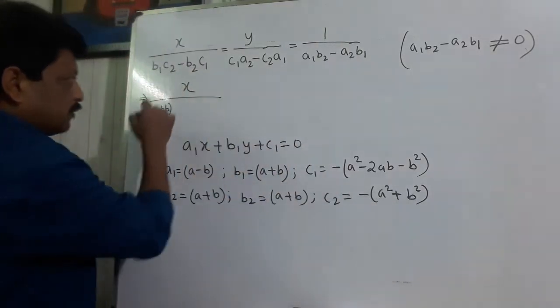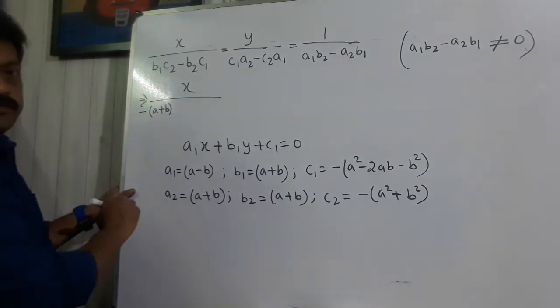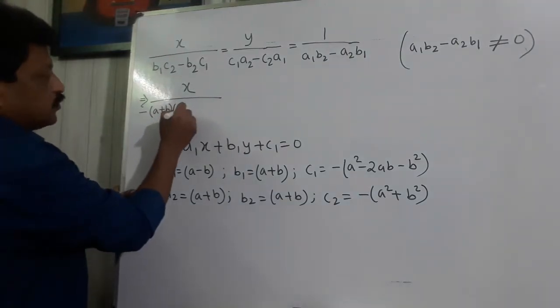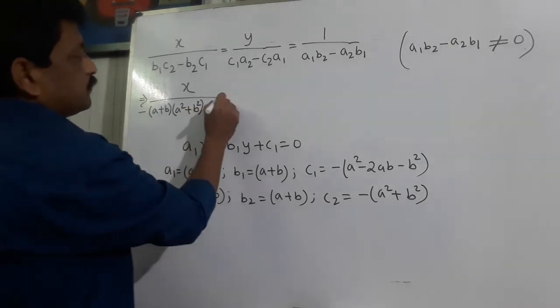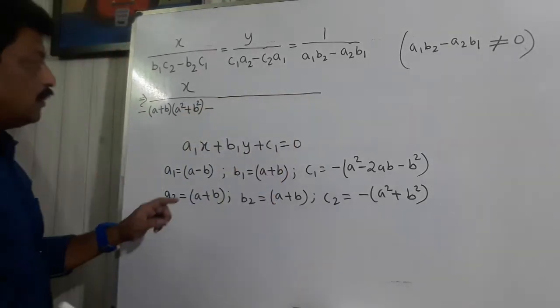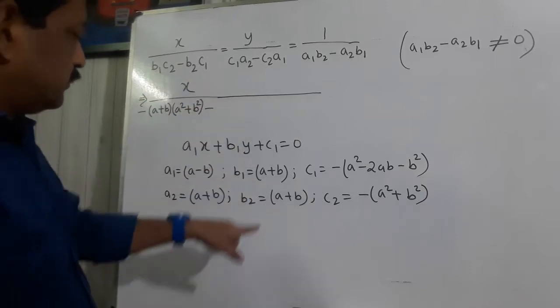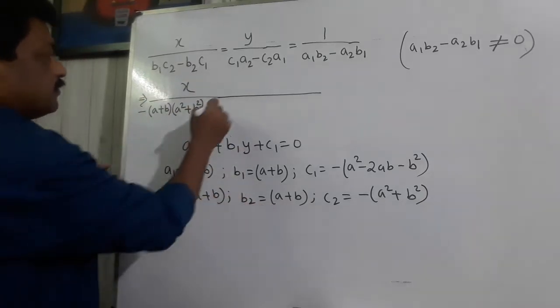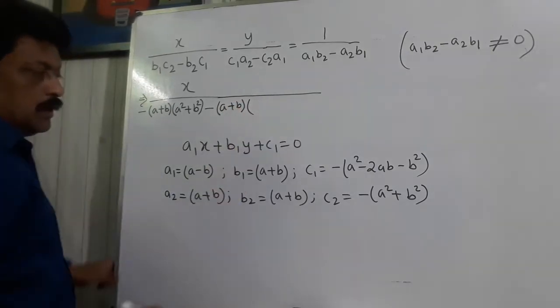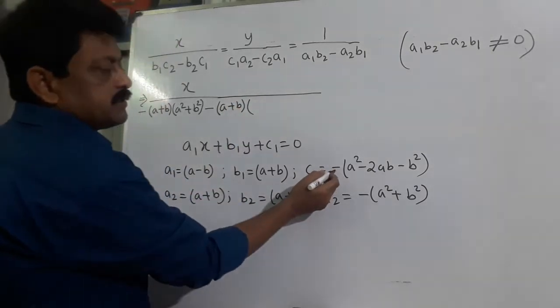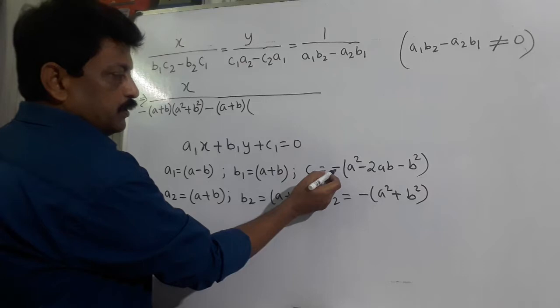So let me write the minus sign outside here, then (a square plus b square), minus b2c1. b2 is a plus b, and c1 also has a minus sign outside the bracket.